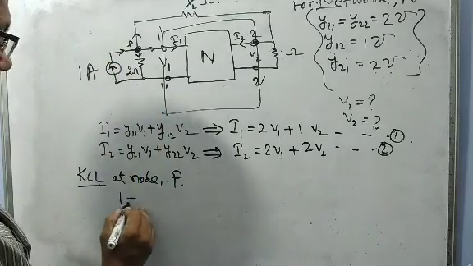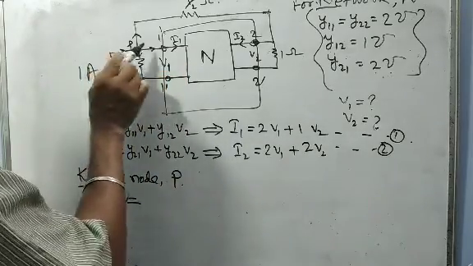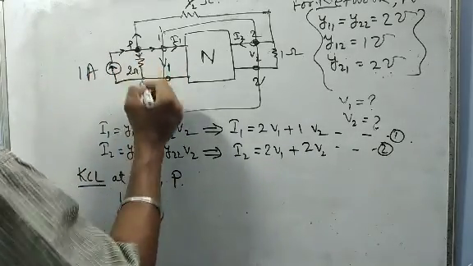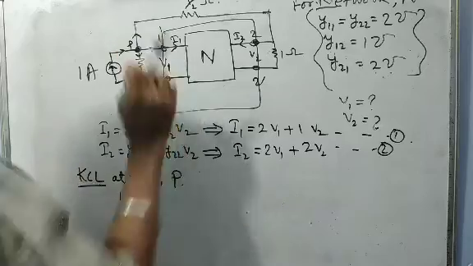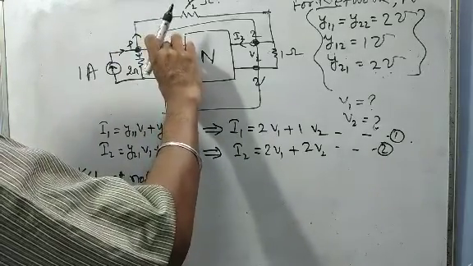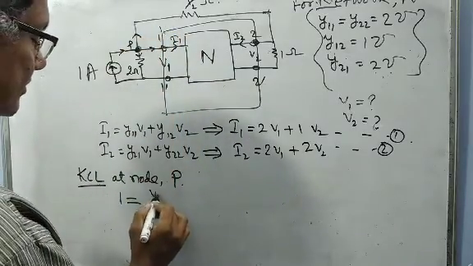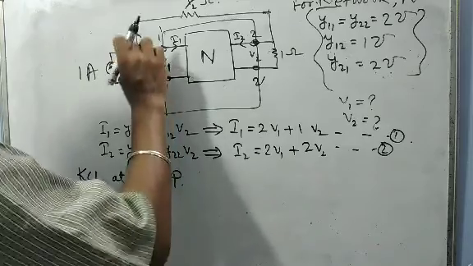It is 1. Entering current should be equal to the leaving current. What is the leaving current? It is this one. What is the potential here? V1. So the current is V1 by 2.